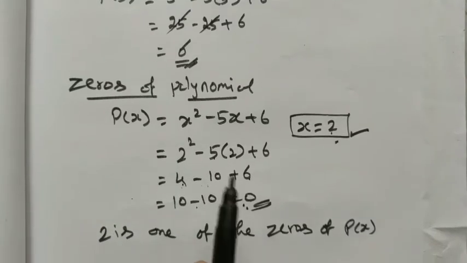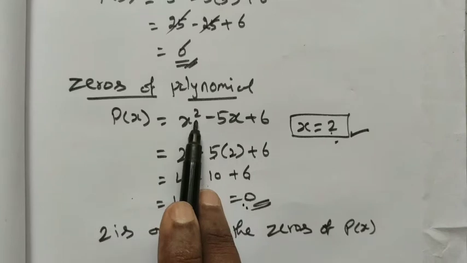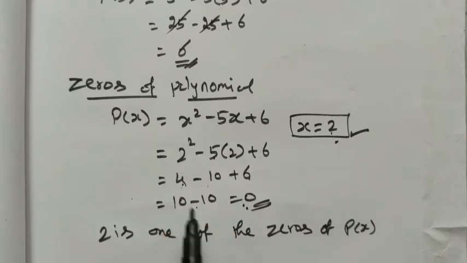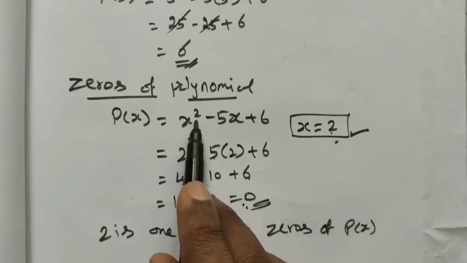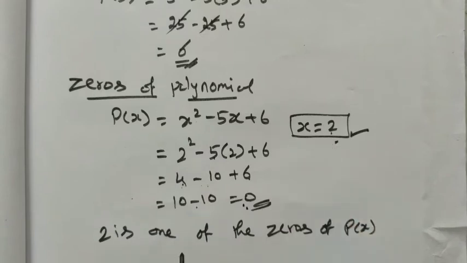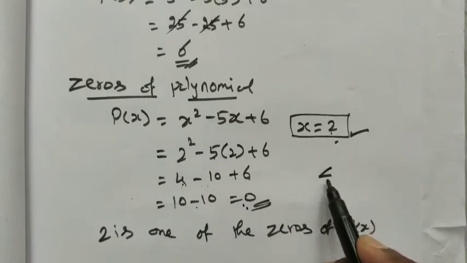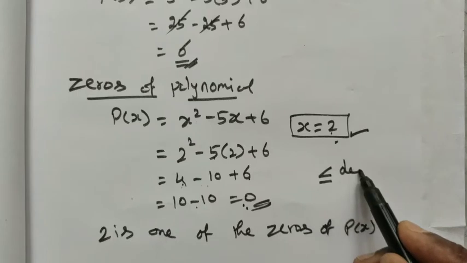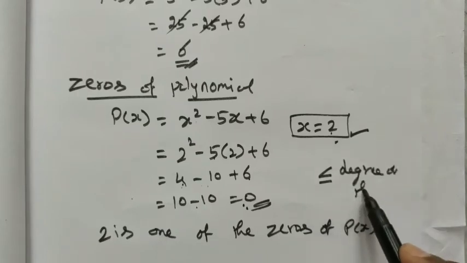Like this. Here we have the power 2. See, here we have the power 2. The number of zeros of the polynomial is always less than or equal to the degree of the polynomial.